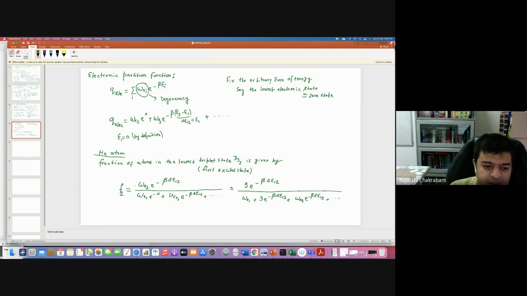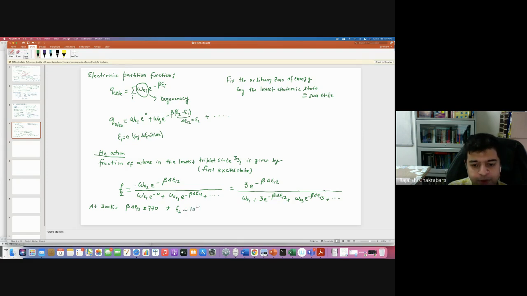Now I'll give you some values. If I'm working at room temperature, 300 Kelvin, I can give you this energy gap as something like 770 in some unit. Then you can calculate the fraction. This fraction is very, very low.